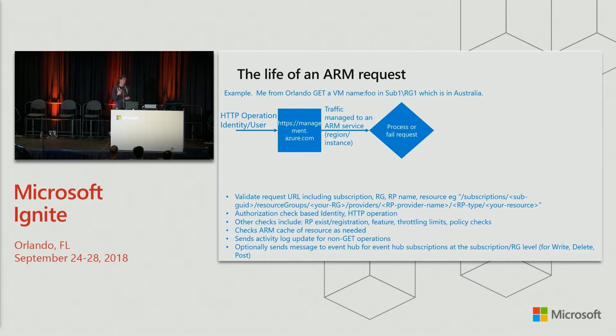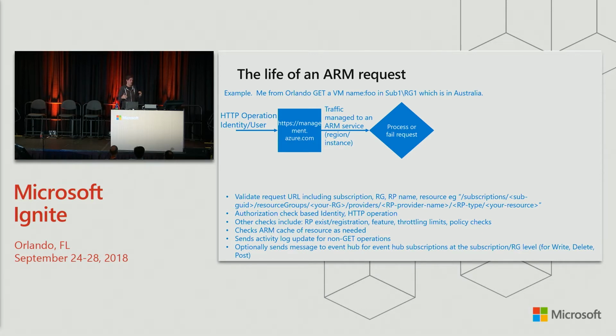It looks at the identity, the token that operation comes with. Does that user have access to that subscription and resource group? It checks to see if a different feature is enabled. Different resource providers can have features that are either exposed or not exposed. Is that subscription exposed for that feature?